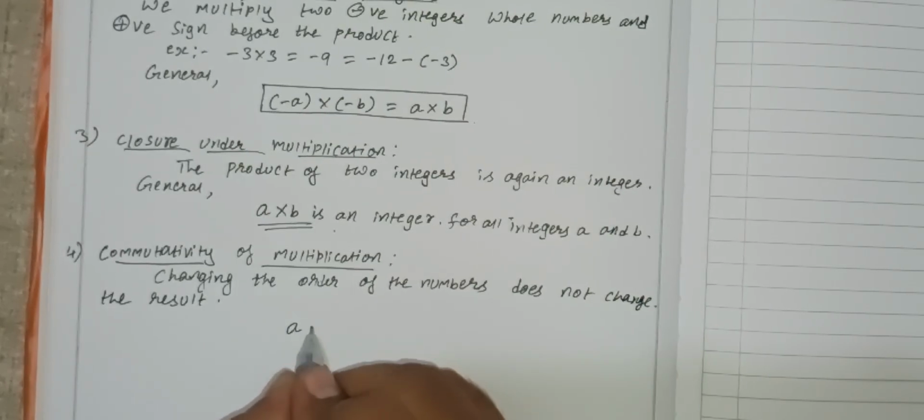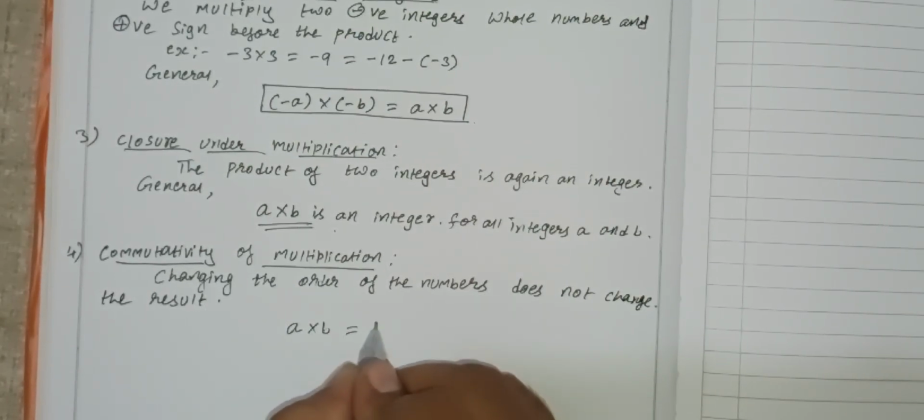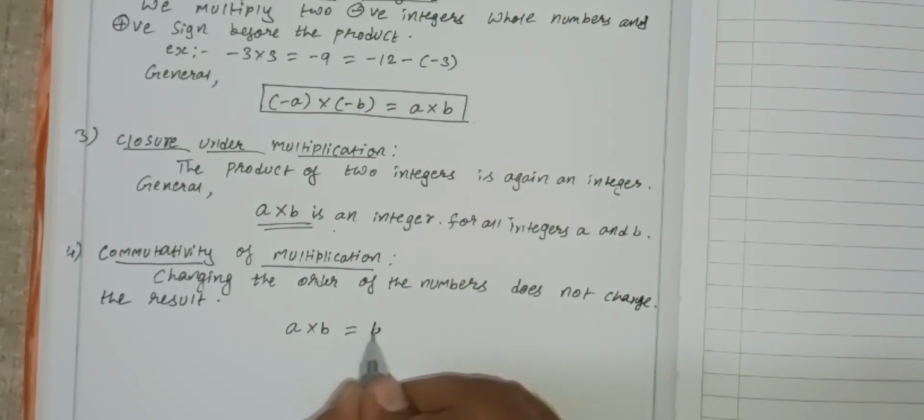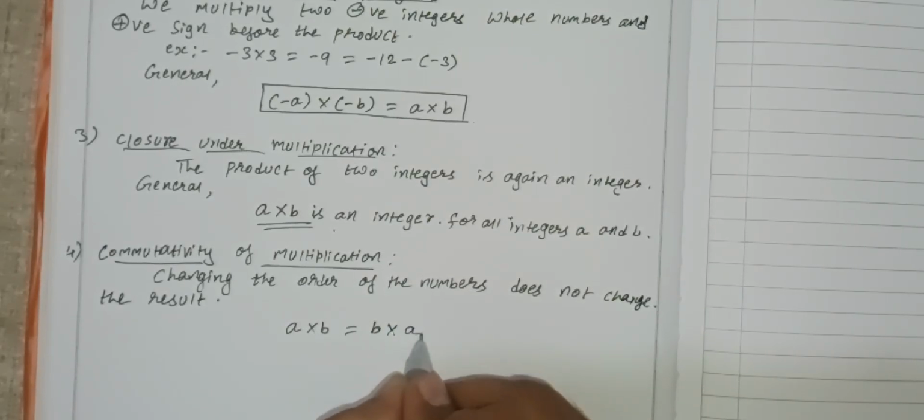And the general form is a into b is equal to b into a.